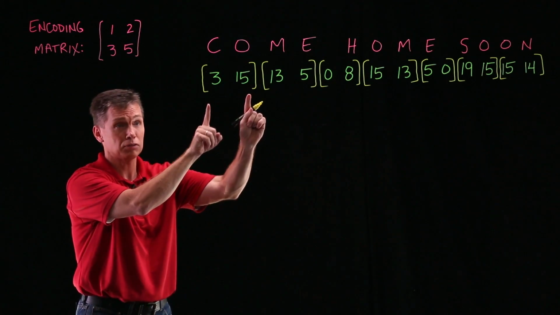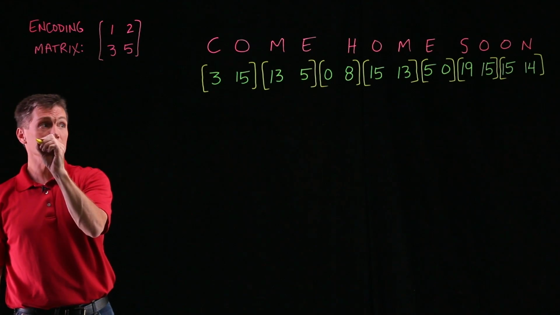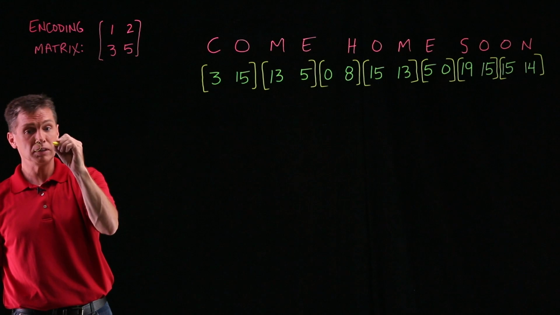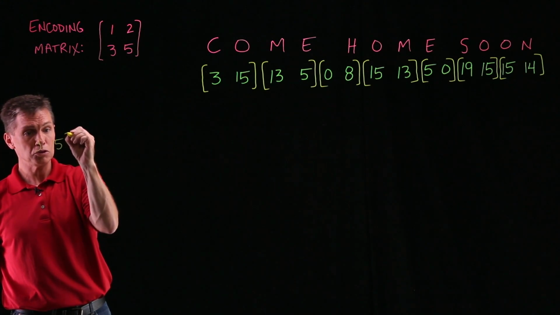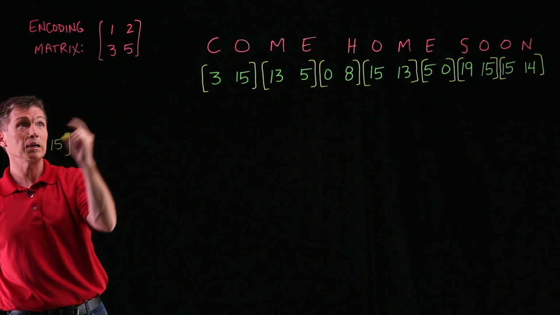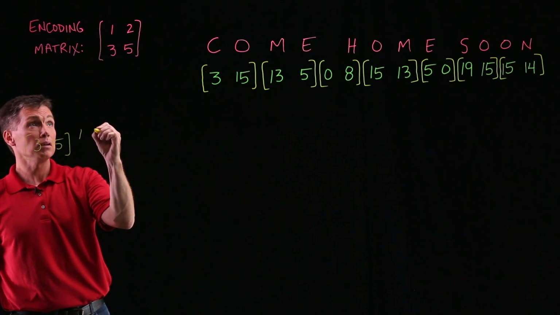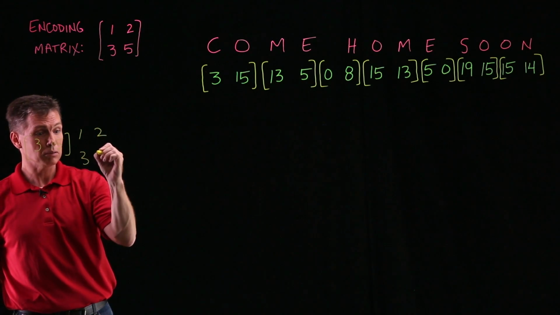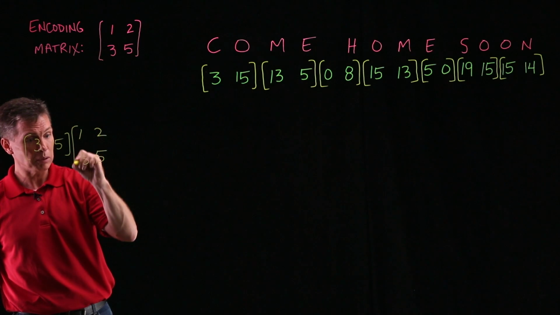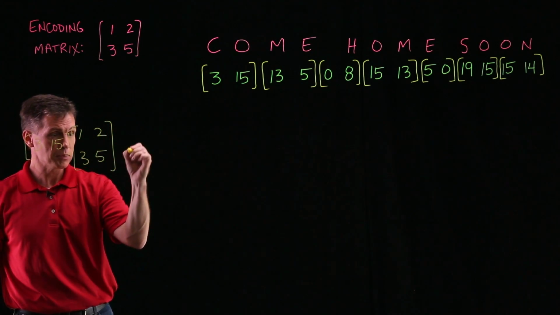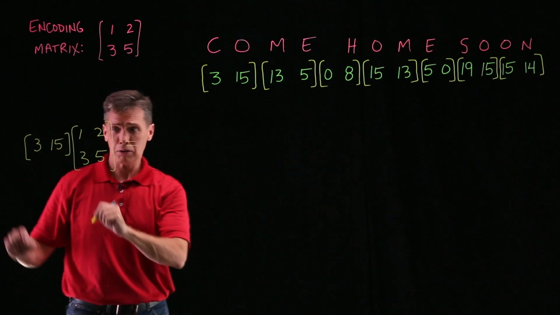So let's get started with that first one of 3, 15. I want to multiply that by this matrix. And I always like to write them right next to each other when I'm doing my multiplication so I can get my over and down pattern going.